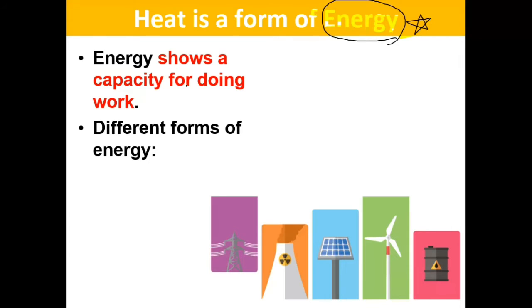There are lots of different forms of energy: electrical energy, potential energy, nuclear energy. Heat energy is one of the most important forms of energy that we use because that basically operates everything, especially in terms of machinery. Energy shows a capacity for doing work.